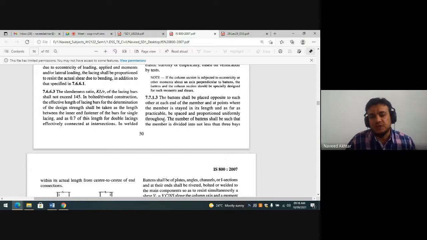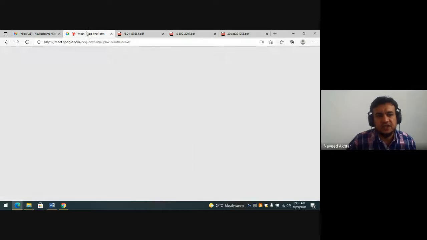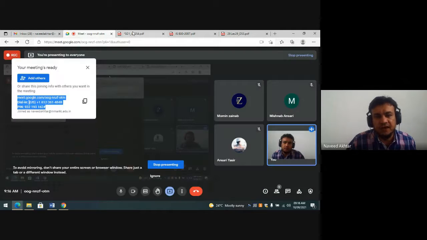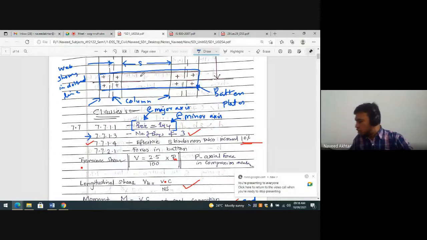Battens should be provided at uniform intervals. The number of battens shall be such that the member is divided into not less than three bays.